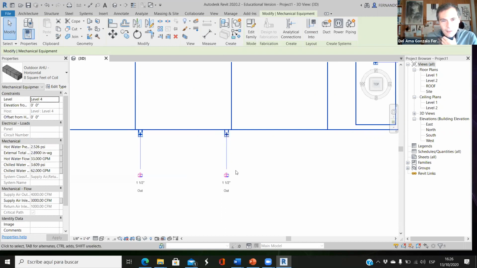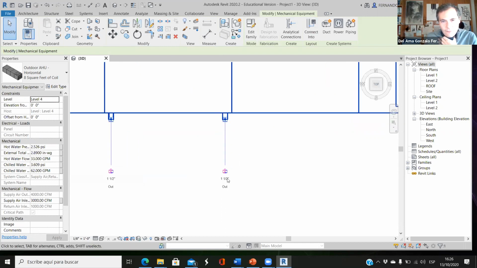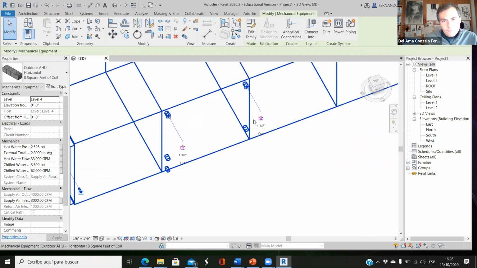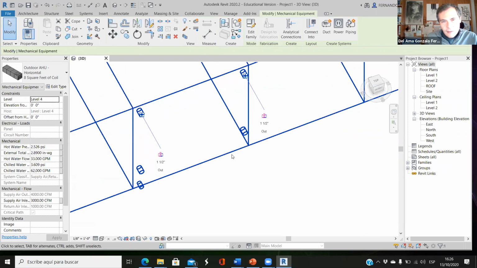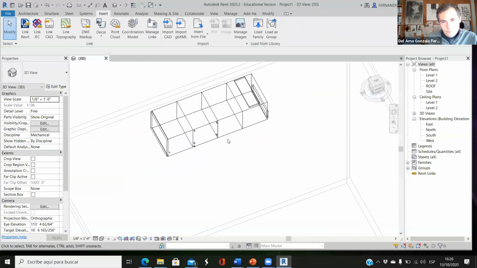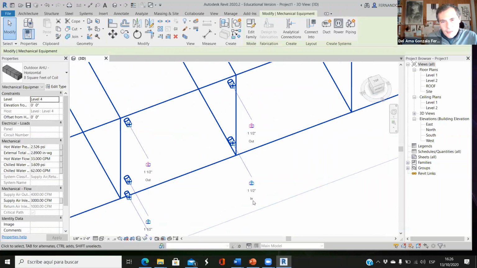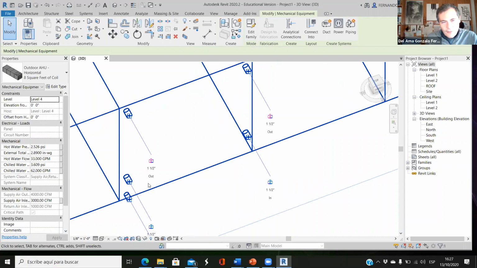So here you see this is 1.5 inch, and this is out. If we move this, okay, so we are selecting, so this is out, this is in, so this is a coil, and this is out, and this is in, so this is another coil.